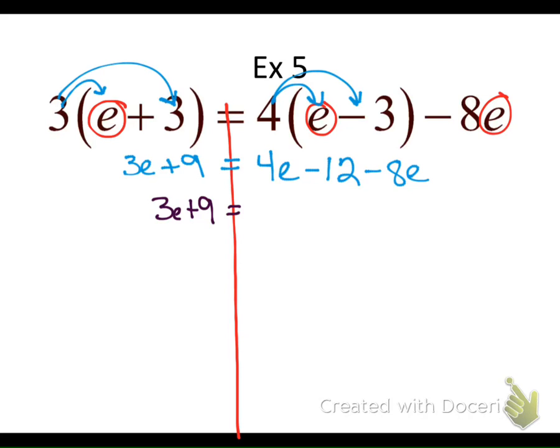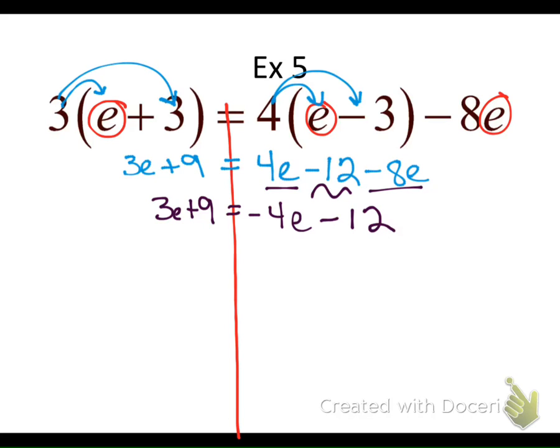Okay, 4e minus 8e is? Close. So negative 4e. And then I can't do anything with that negative 12, so I'm going to bring that on down. Okay? So I've distributed, I've combined like terms, I'm ready for the new step.